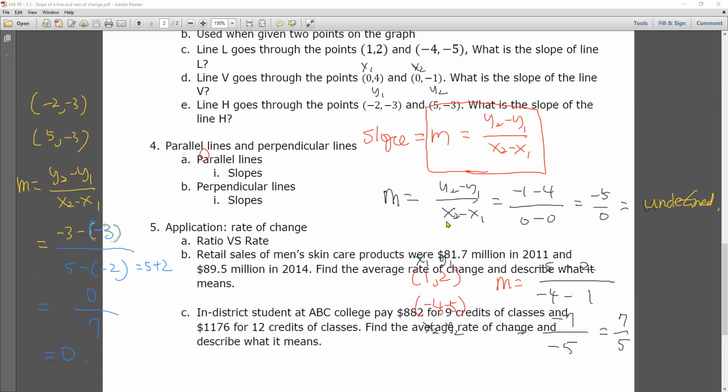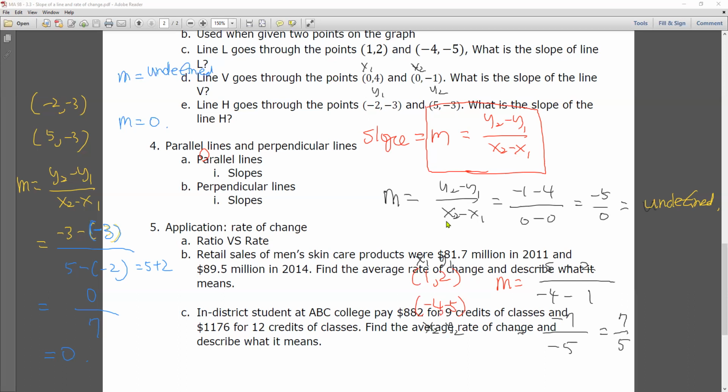Okay, so the slope for part D is undefined. The slope for part E is 0. Again, remember, 0 is a valid value. 0 and undefined are different. All right, so hopefully everybody had some chance to work on some of these problems.